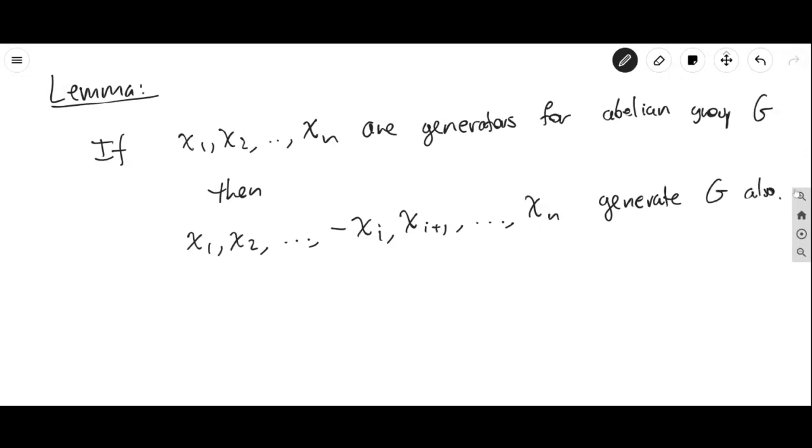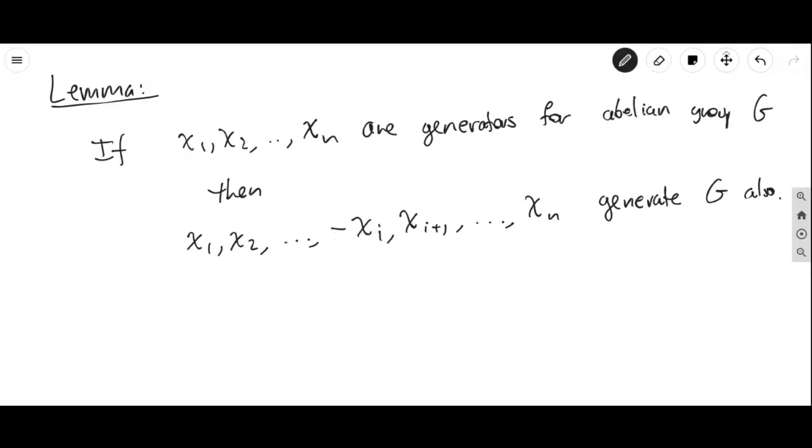So if these are generators, I'm not necessarily saying that these are free generators, or that they form a basis, but just that they are generators for an abelian group, then you can take them and you can negate them if you want to, right? Because that's sort of straightforward.